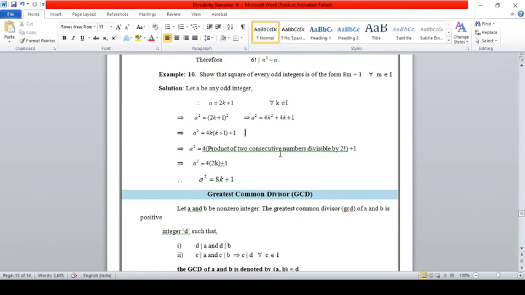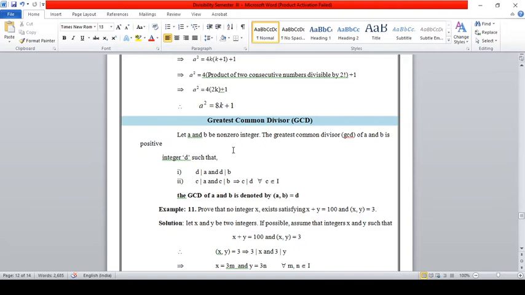Two consecutive numbers divided by 2 factorial means an even integer, so this is denoted by 2k. 4 into 2k plus 1, and 4 into 2 is 8, so a square is equal to 8k plus 1. This means the square of every odd integer is of the form 8m plus 1, for m an integer.